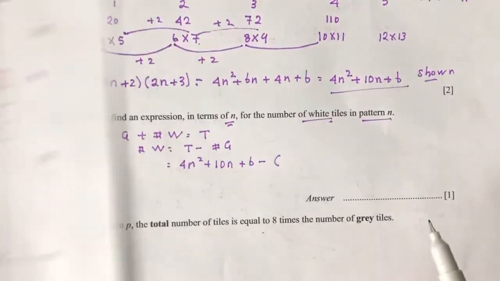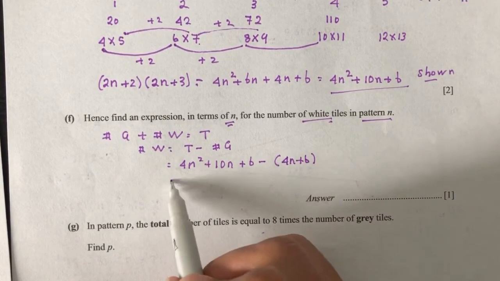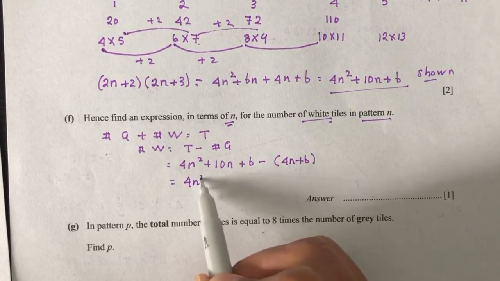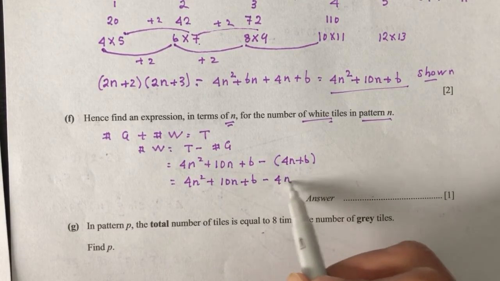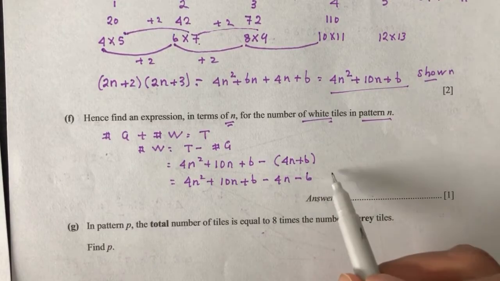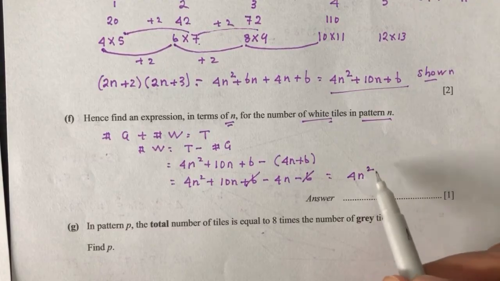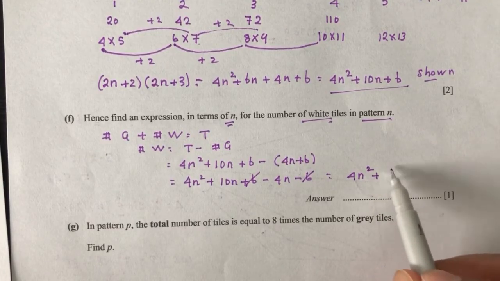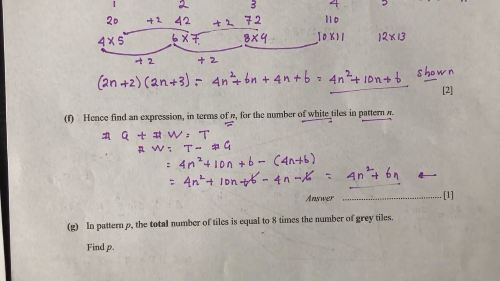Gray will be equal to this, 4n plus 6. So let's expand. We have 4n squared plus 10n plus 6 minus 4n minus 6, right? This becomes 4n squared plus 6n. So this is your answer for part F.